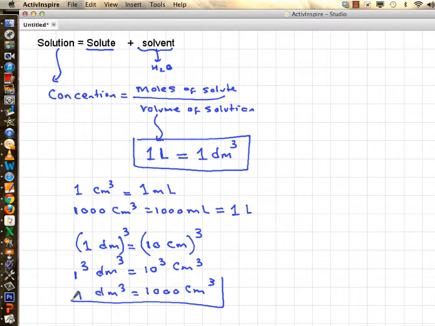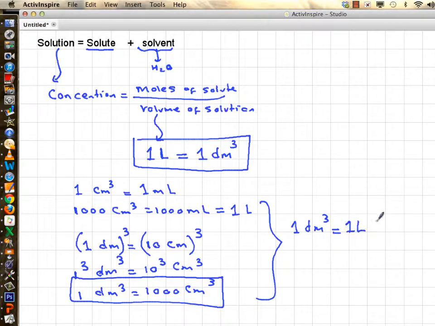So 1 decimeter cube is 1000 centimeter cube. Therefore, we should agree that 1 dm cube is simply 1 liter. So from now on, instead of liter, which I'm really used to and I like, I'm going to walk into decimeter cube, or called dm cube.